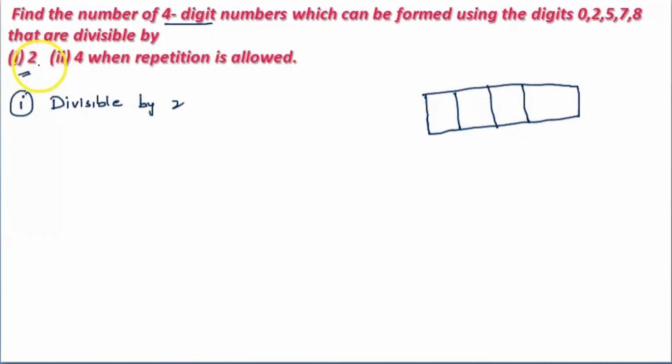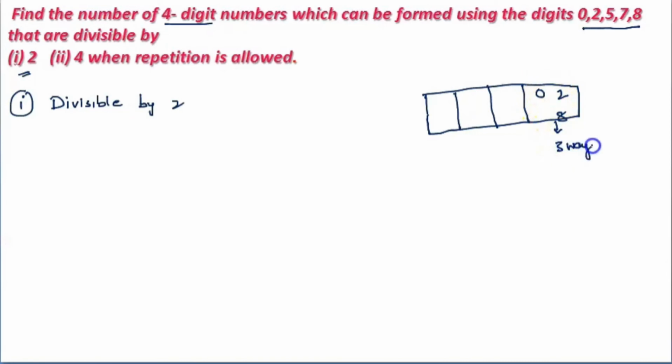It must be divisible by 2, which means the last place must be an even number. So the first work is to place 0, 2 or 8. Given digits are 0, 2, 5, 7, 8, so these are the even numbers. If you place 0, 2 or 8 in the last place, then that number will be divisible by 2. So it can be done in 3 ways.